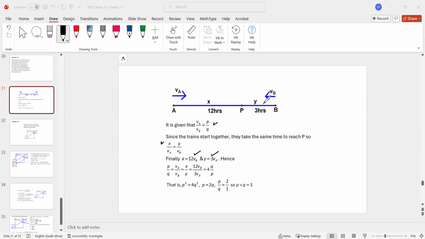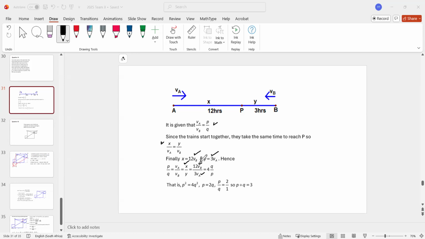I didn't name this X and Y, and now everything fits in nicely because you got P over Q equal to VA over VB. That's from the top there, and VA over VB from here is X over Y. From here we've got X is equal to 12 VB, and Y is equal to 3 VA.